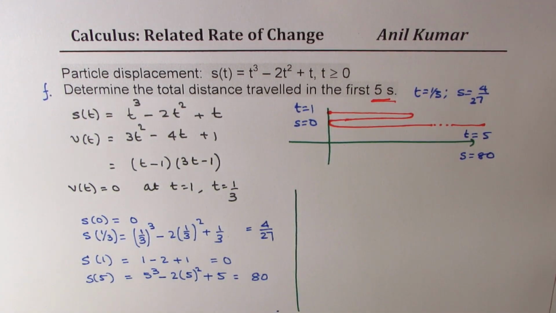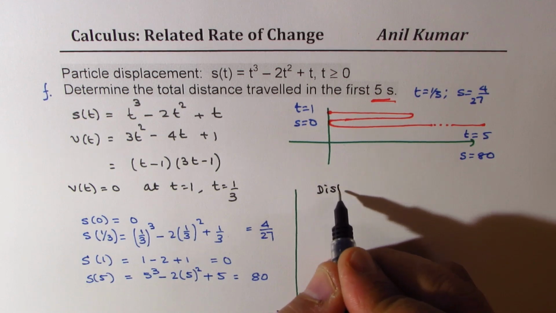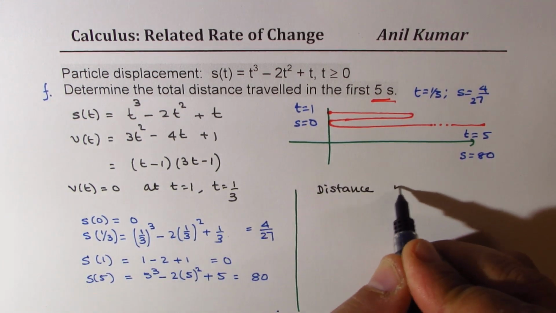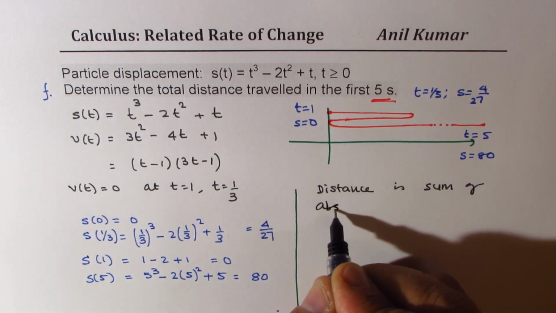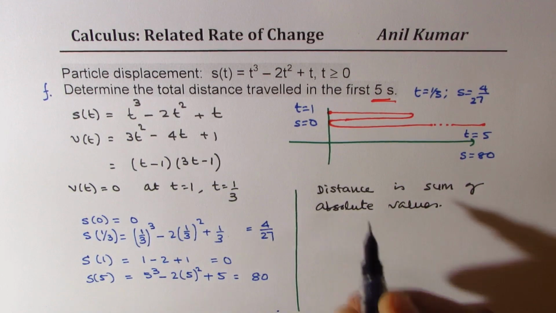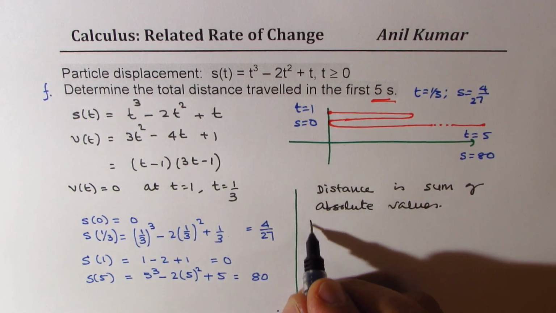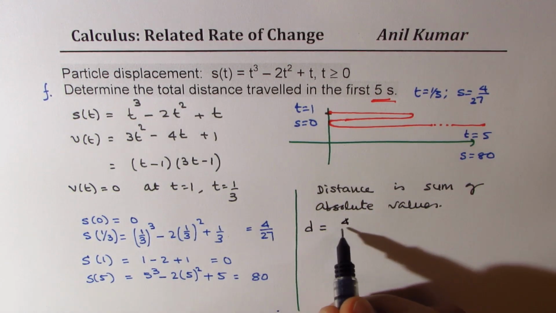Do you understand? So distance is really the sum of all this, the sum of absolute values. Correct? So let's count. The distance d is equal to, first moving forward, 4 over 27.